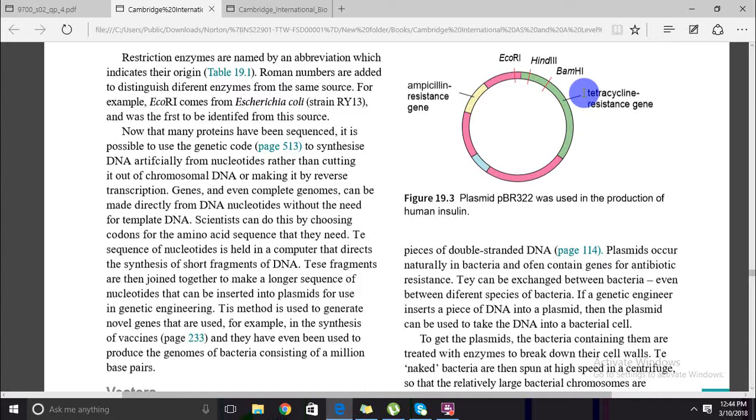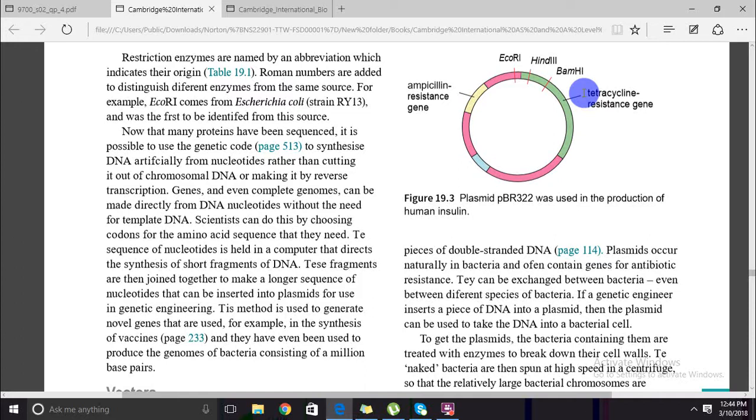And that is one thing you can write about if they ask you what makes a plasmid such a good vector, because even in its natural conditions, it is capable of transferring in between bacteria. So this makes it really ideal for transferring to a bacteria.